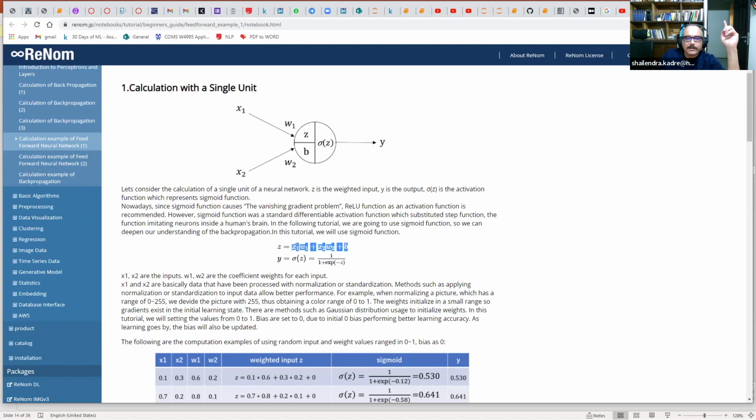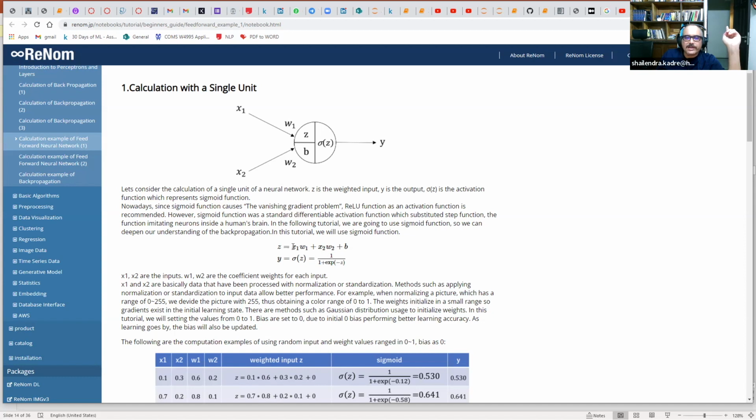We calculate Z with the help of W1 X1, W2 X2 plus bias, compute e to the power minus Z, and put it in this equation to get the final output of that neuron. Very easy.